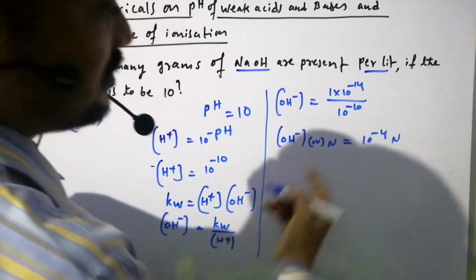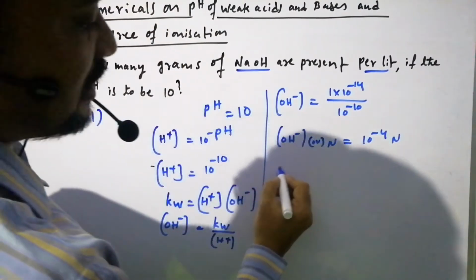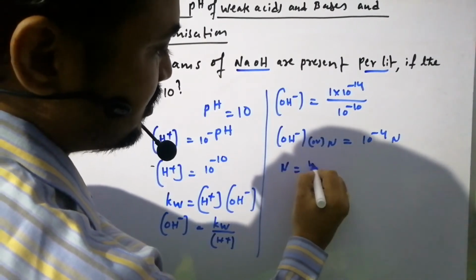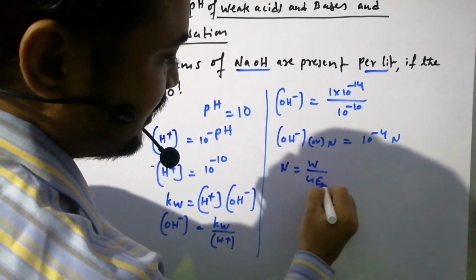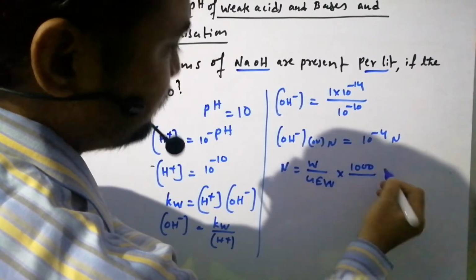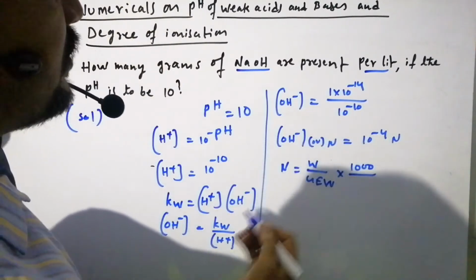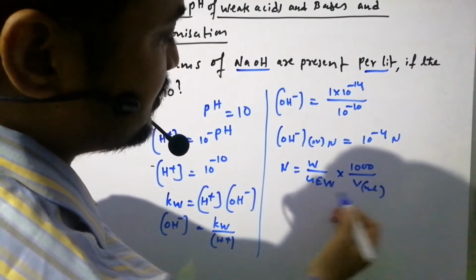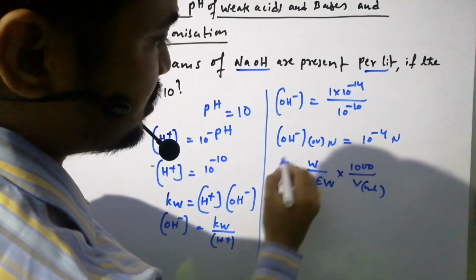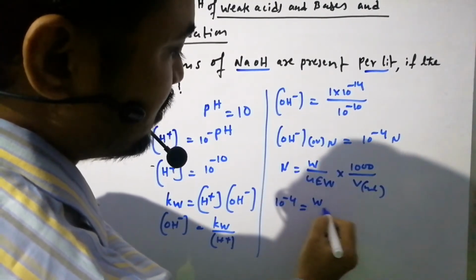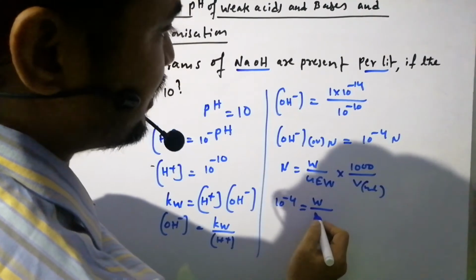By using this normality, already we know the normality formula. Normality is equal to weight by gram equivalent weight into 1000 by volume in ml. Normality means OH minus concentration is equal to 10 power minus 4. We should find out weight.